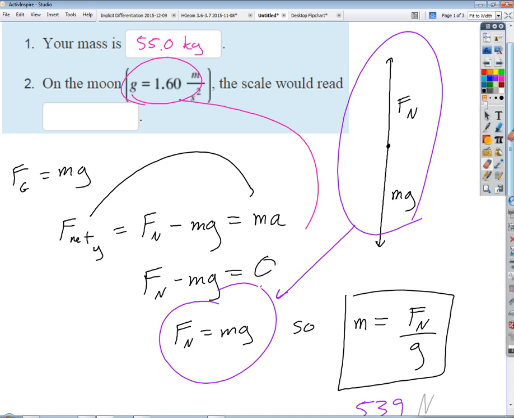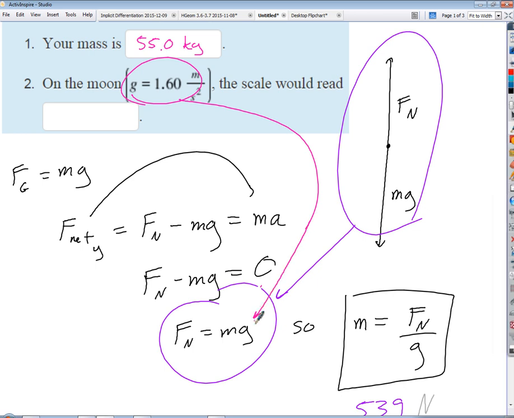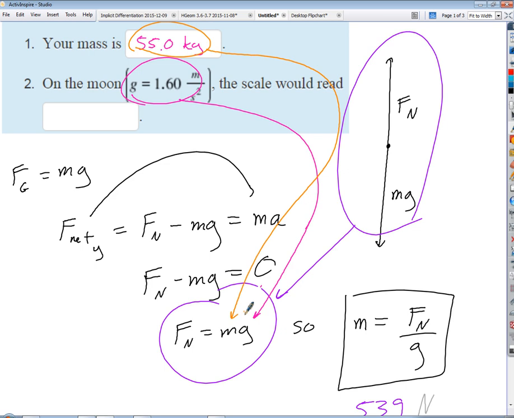That arrow is supposed to go where? To g, right? And M, make it a different color. That's M. And whatever that product is, is my weight on the moon as read by the scale.